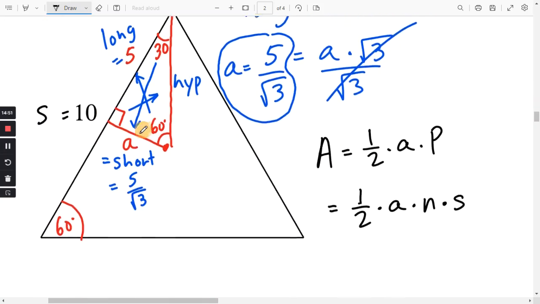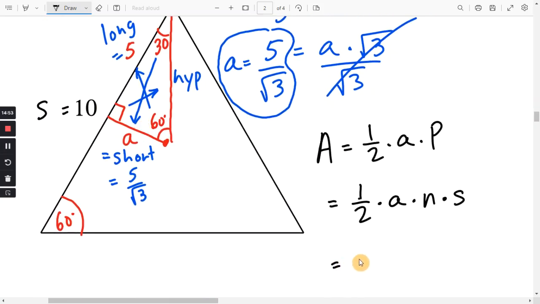Okay, so that's going to be 1/2 times the apothem, which we said was 5 over radical 3, times n, the number of sides, which we said was 3, times s, which is each side length, which we said was 10.